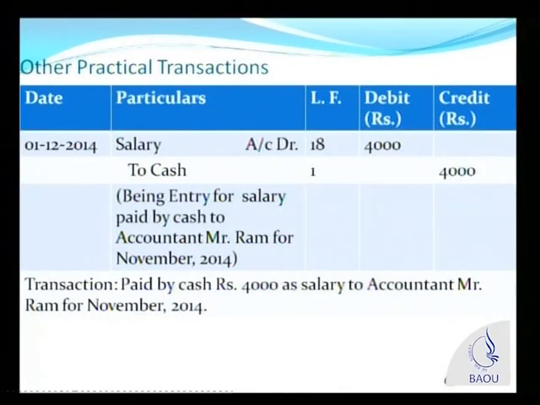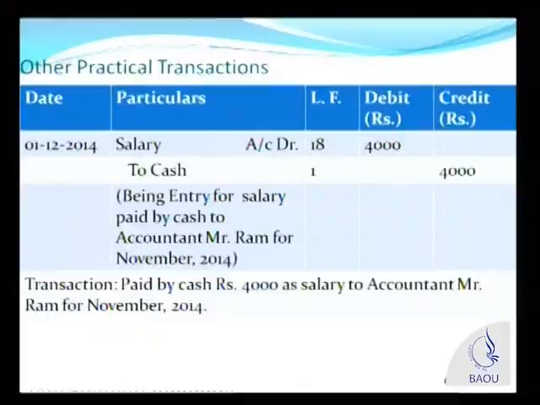In the narration we have written being entry for salary paid by cash to accountant Mr. Ram for November 2014. The organizations who have got hundreds of employees may not even write the name of each employee. They may write as per salary register or as per statement, and that statement or salary register will carry details about each and every employee.